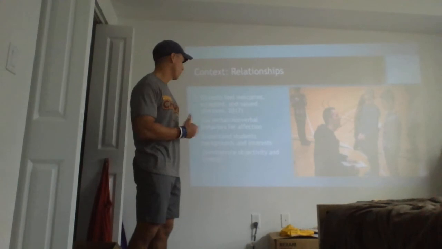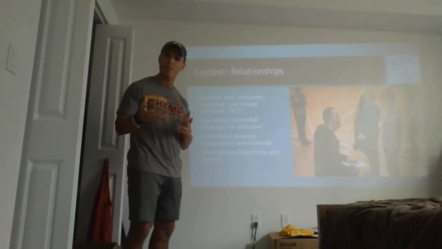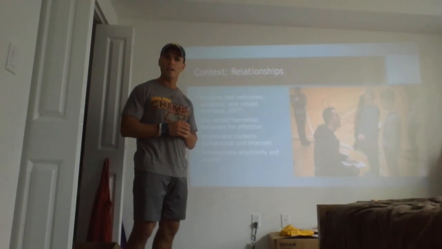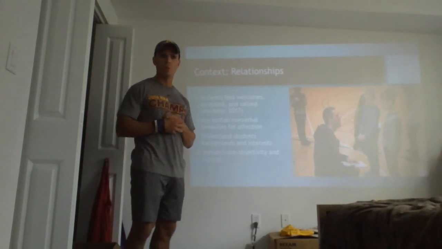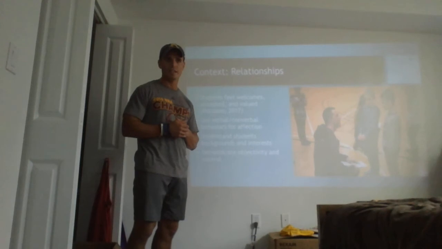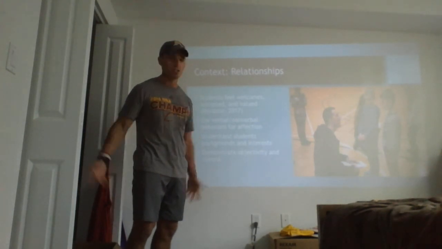So it says use verbal and nonverbal behaviors for affection, right? Big smiles, sympathetic. A lot of times too, you don't want students to be intimidated by you or for you not to be approachable. So if you see, let's say, a student that is not on task, something you can do, nonverbal behavior, is simply walk behind them.